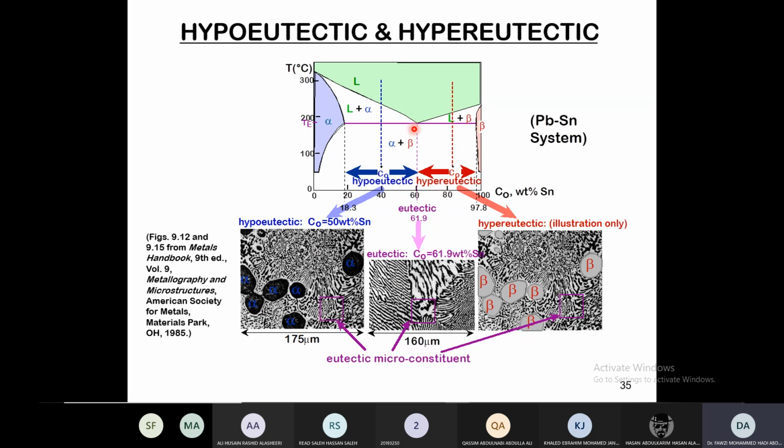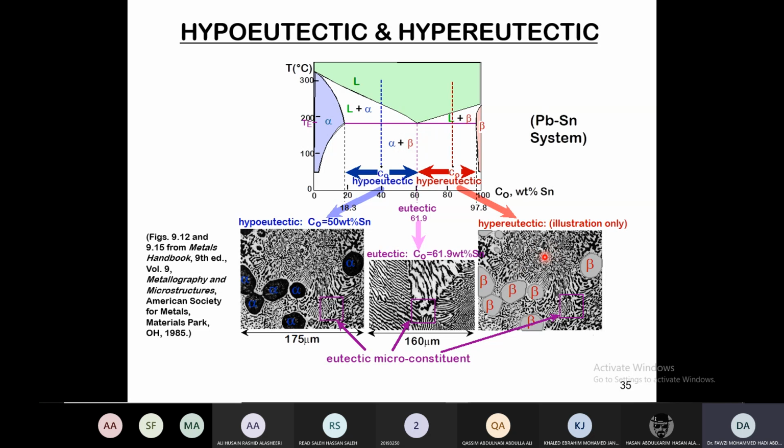If we were above the eutectic composition, then we have something very similar, but instead we are having the beta phase here. As you cool down, once you reach the liquidus line, the primary beta is going to form, and then it increases in size until just before the eutectic isotherm, where it reaches the maximum amount of beta prime. If you drop just below the eutectic isotherm, all the remaining liquid is going to transform into the lamellar configuration of alpha and beta.